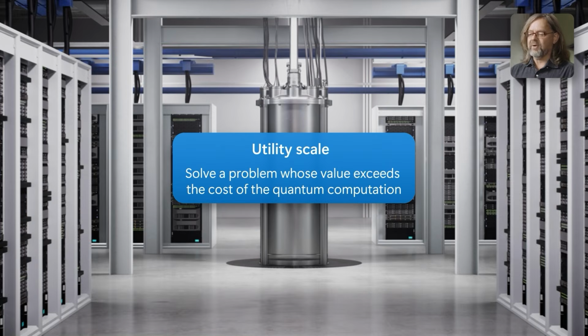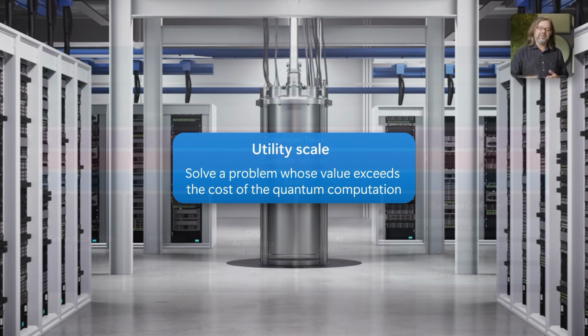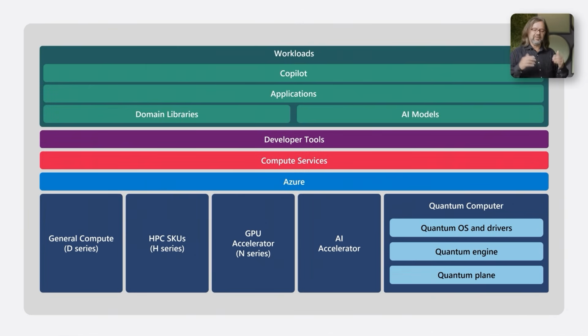We've talked a lot about how do we build a system for utility scale, a quantum system that solves a problem where the value of the solution exceeds the cost of the computation. We talked about the applications, the workloads. We talked about the developer tools and resource estimation.